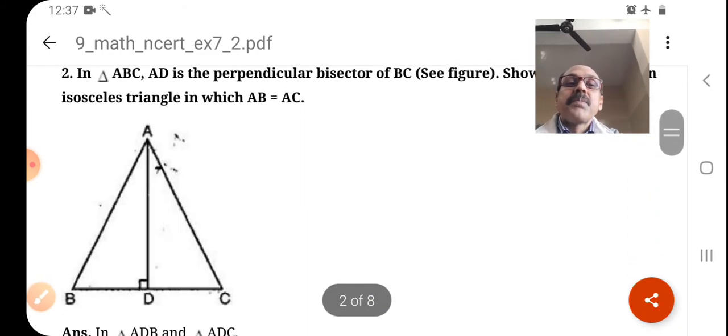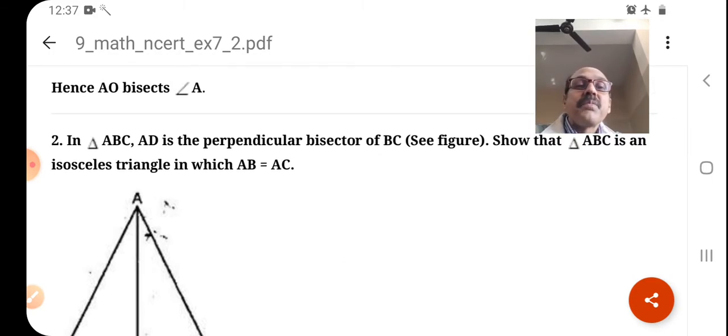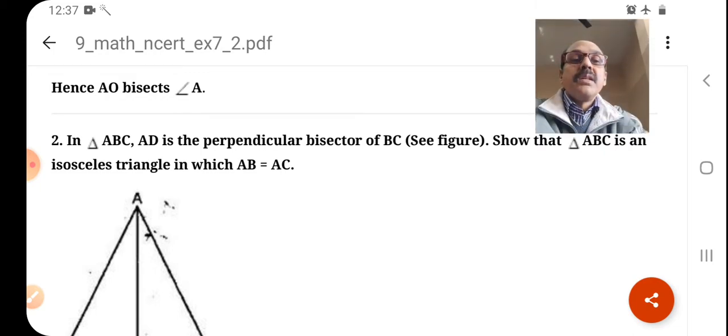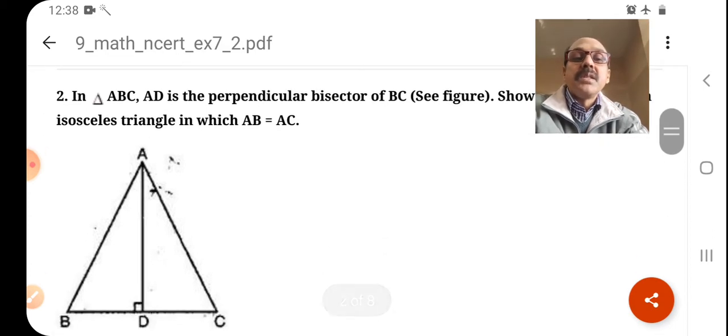Next, question number 2. The question is, in triangle ABC, AD is the perpendicular bisector of BC.